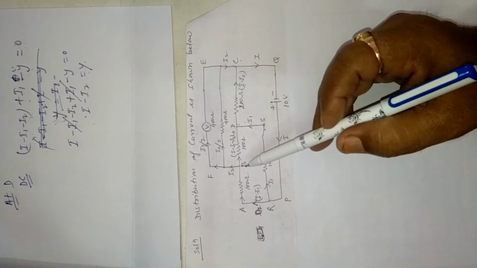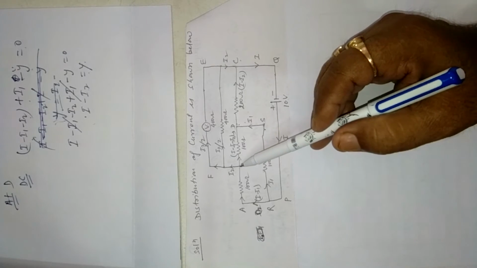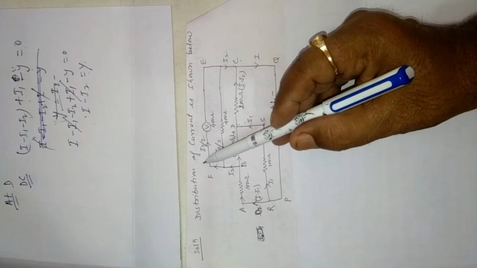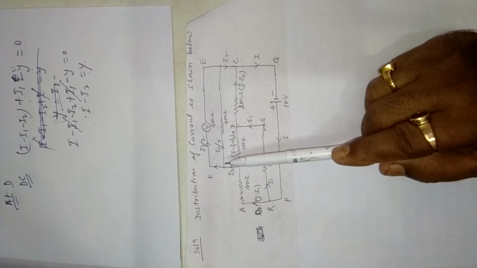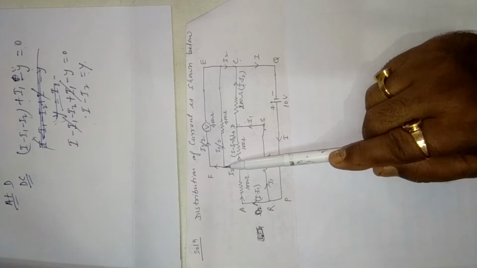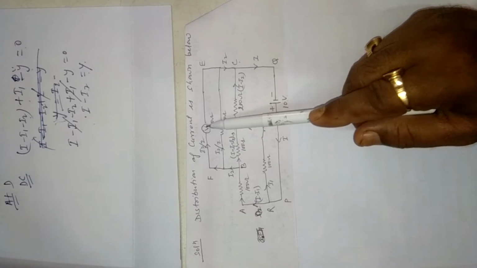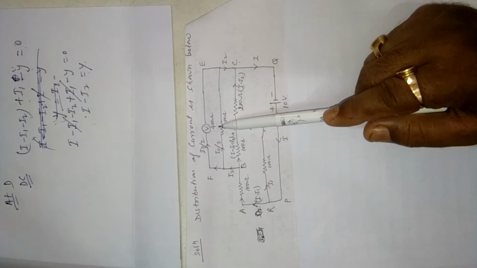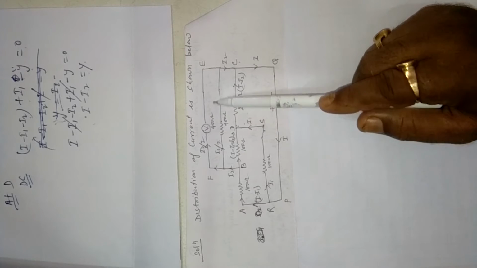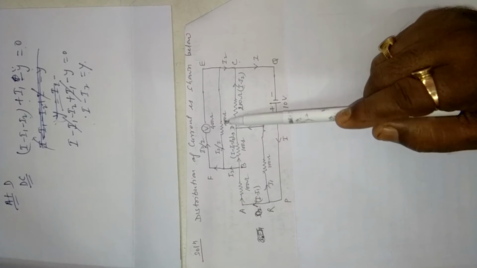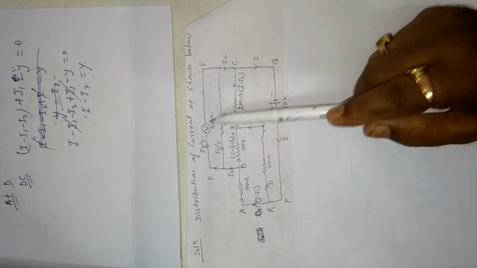Now come to point B. From here I2 is moving along this direction. I2 will be divided into two parts here, as the resistance of the voltmeter is 400 ohm, and this resistor is also 400 ohm.